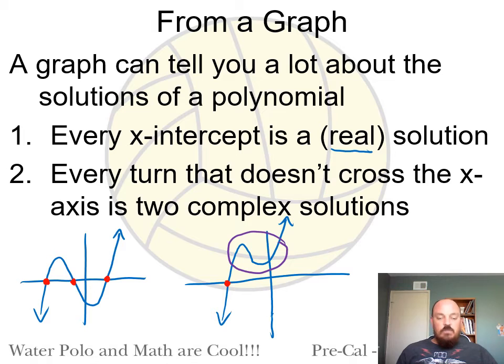So on the left-hand side, you have a picture of a graph that has 3 real solutions. And on the right, you have a picture of a graph that has 1 real solution and 2 complex solutions. 3 solutions either way. I mean, there's still 3 answers to this question, but by knowing a little bit about the graph, you know what type of answers to expect.